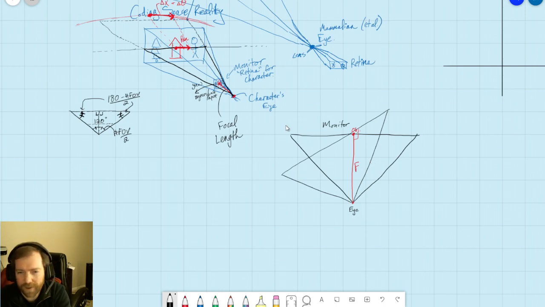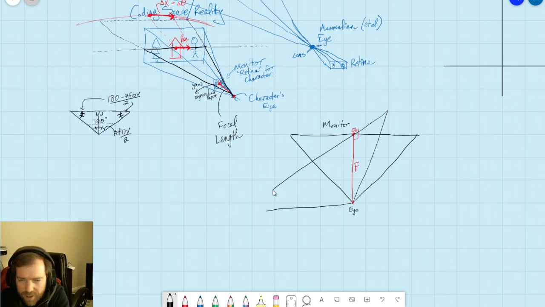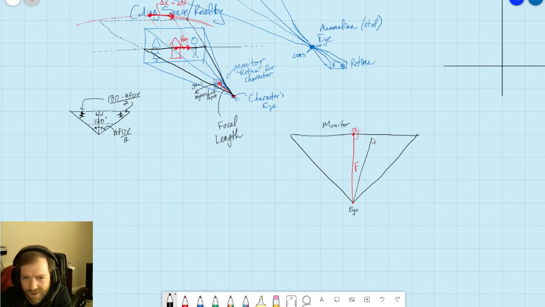That's terribly drawn, but whatever, it's fine. Close enough. So if we've rotated our field of view, this is going to be our delta theta.